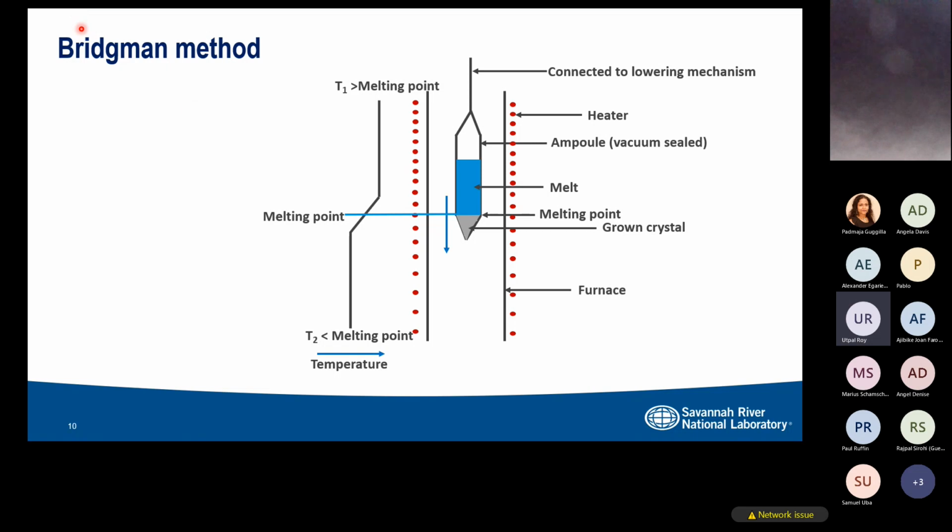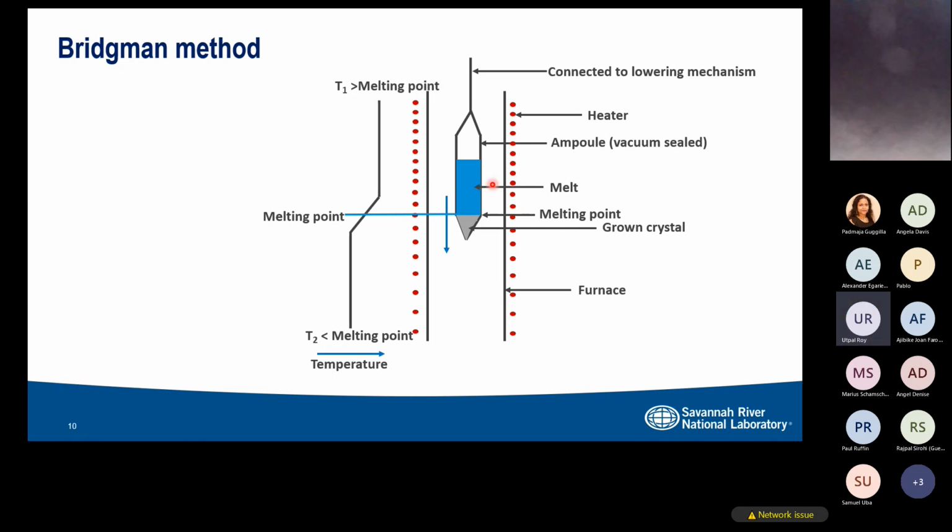Now, for cadmium zinc telluride, there is a big problem here. Cadmium has got very high vapor pressure. What does that mean? When you grow cadmium zinc telluride or when you melt the whole material, the melting point of cadmium zinc telluride is about 1130 degrees centigrade.